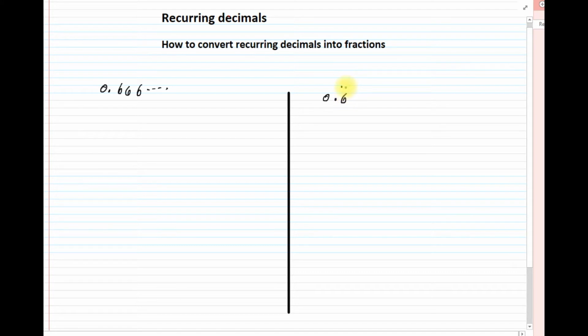So this dot on top of the 6 means that the 6 repeats itself. If we had 2 digits here, as I will show you in the next example, we would have a dot on top of each digit. Okay, let's see how we're going to do this.